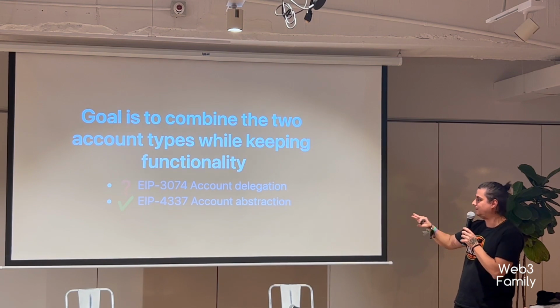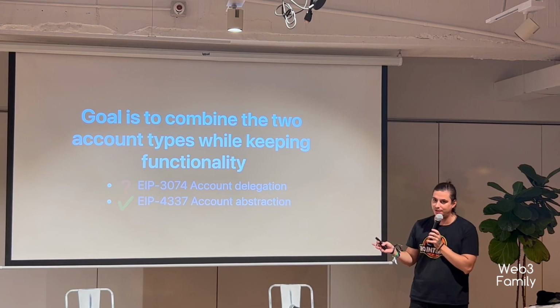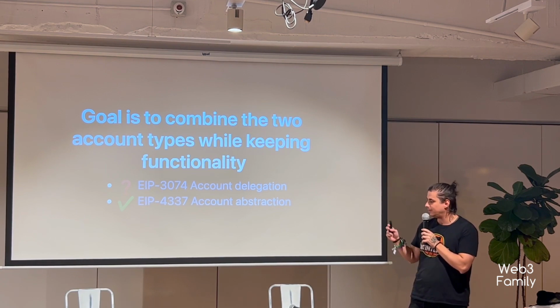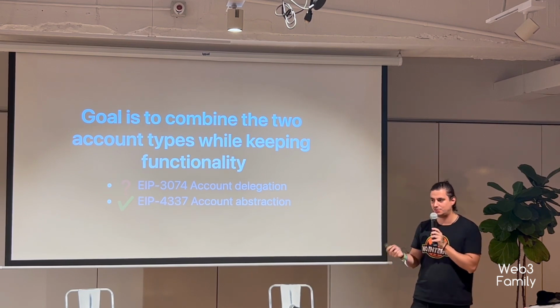At that time, there were two main ways to solve this problem. One was account delegation, which is kind of a forgotten way. It's likely not going to be implemented at all, but it's an interesting read in the EIPs because it introduces new opcodes, so you can delegate signing capabilities to a contract.